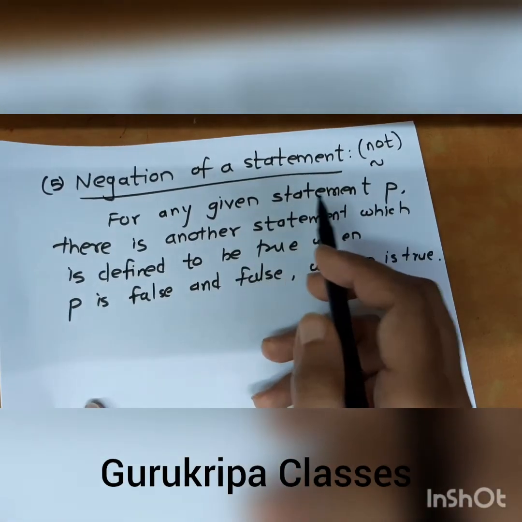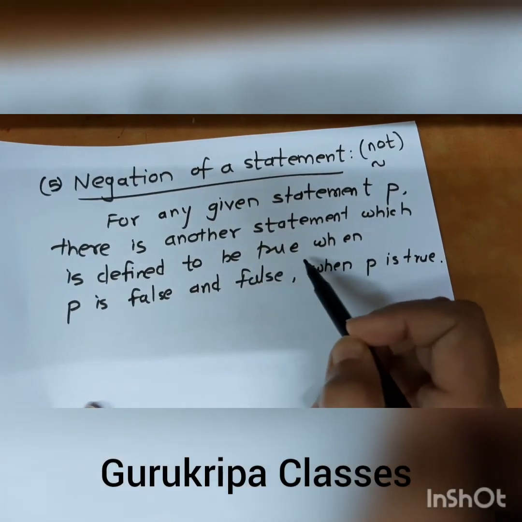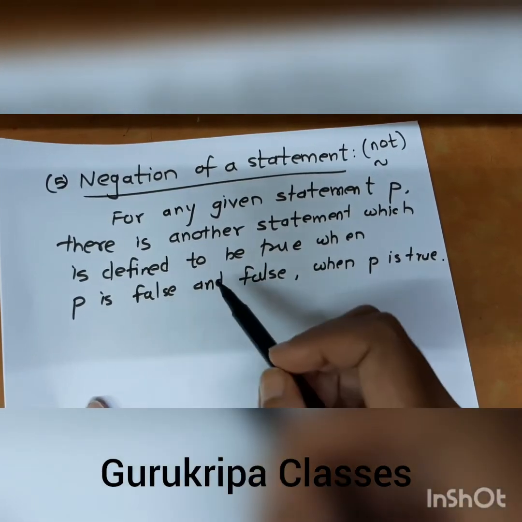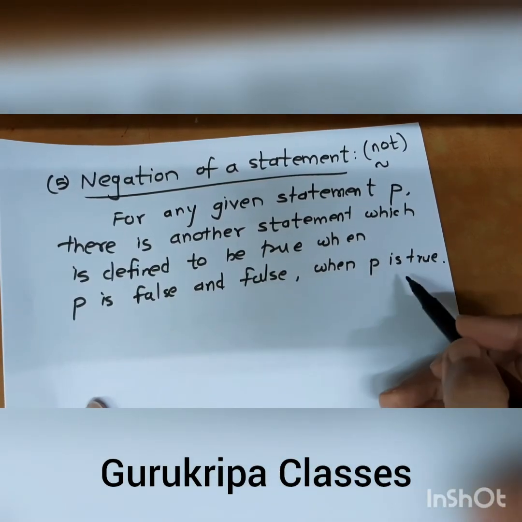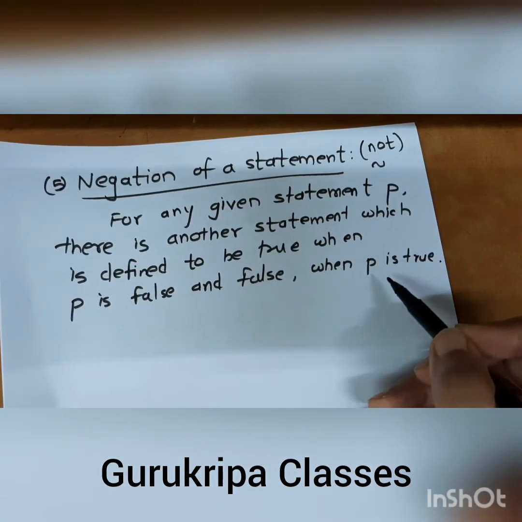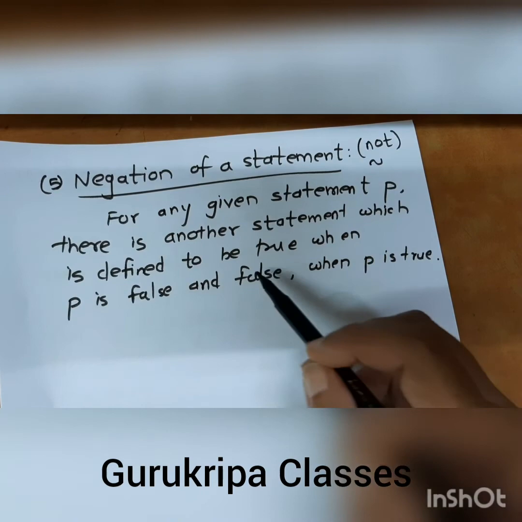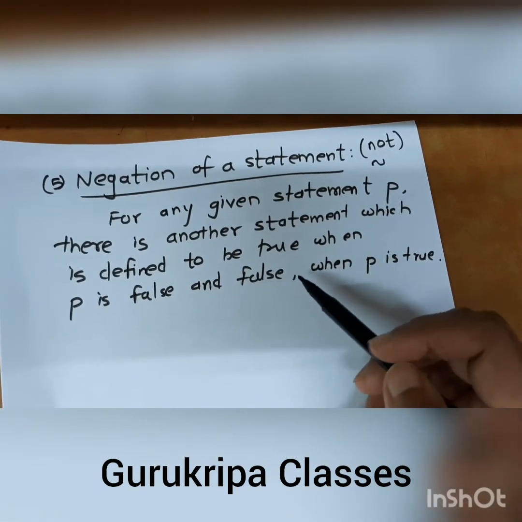For any given statement P, there is another statement which is defined to be true when P is false and defined to be false when P is true. If P is true then its negation is false, and if P is false then its negation is true.